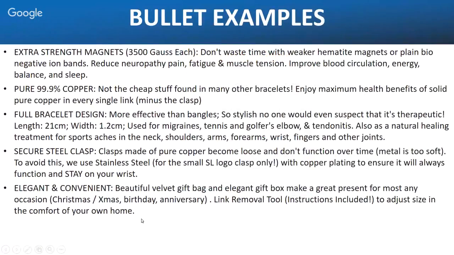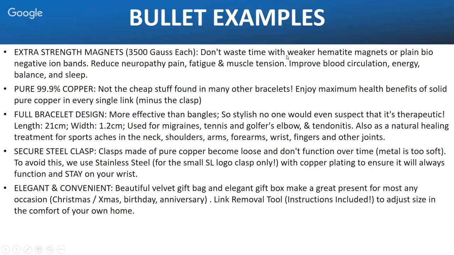Let's have a look at an example of a competitor that's potentially going up against us for selling copper magnetic bracelets. So extra strength magnets, which is good. I wouldn't necessarily put in there 3,500 Gauss for each, which is the magnetic strength measurement.